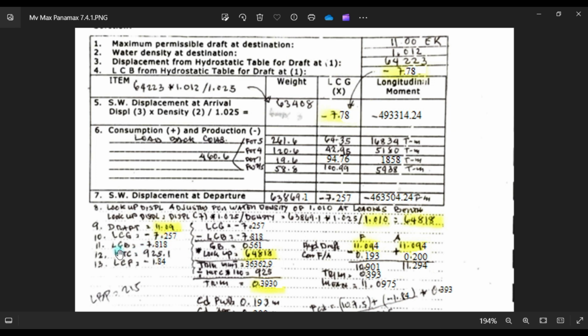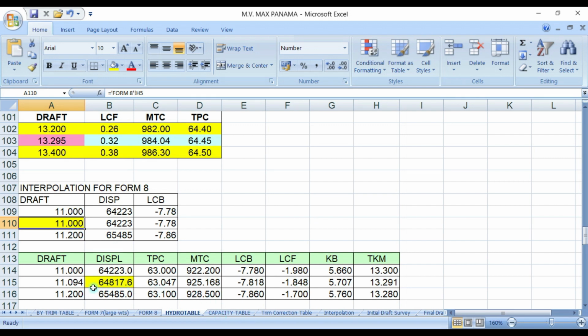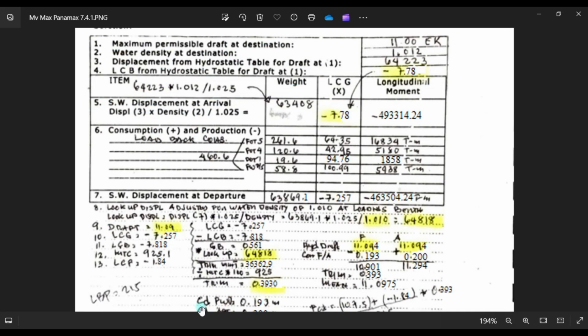What will be the LCB? What will be the LCB value? So we go back to the interpolation. With this draft, the LCB will be negative 7.818. This one, negative 78.18.